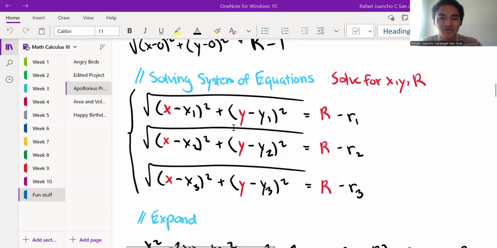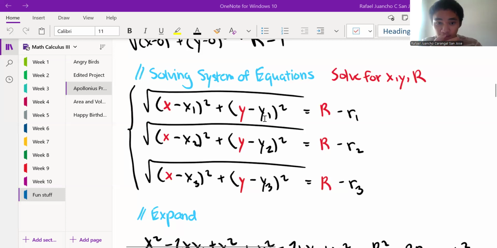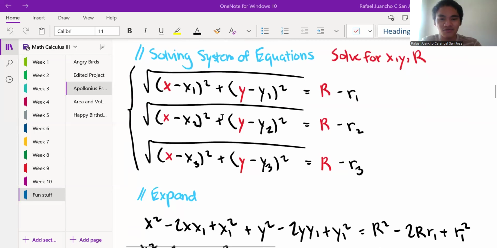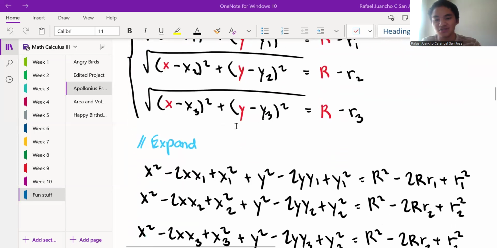That was just an example, and so we were able to derive this idea, right? So this is just the distance formula of the two centers, and we're equating that to the difference of the radii. And so we do it thrice because we have three inner circles.